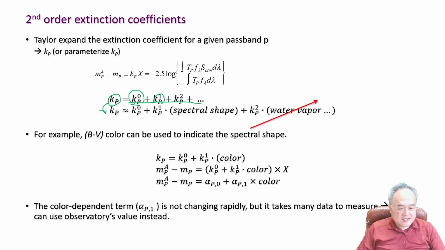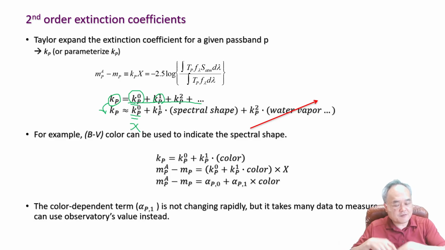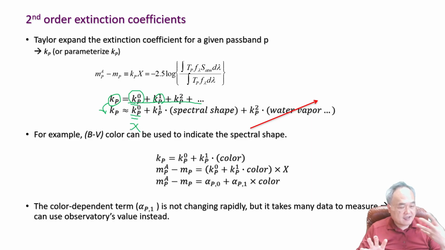In this case, the zeroth order term is simply proportional to the air mass, nothing else. Right? So there is no color dependence. For the given photometric band, there is simply a single number that can represent the amount of extinction for a given air mass.